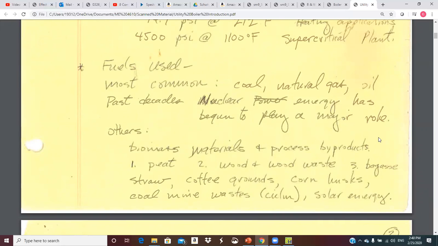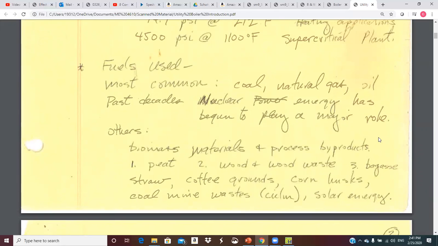Well, fuels, you guys are now kind of experts on that. You've got your coal, your natural gas, your nuclear, potential solar, for a thermal source. Any sort of thermal source, you can have wood, biomass, wood waste, bagasse. What's bagasse? We've got Cajuns in here.